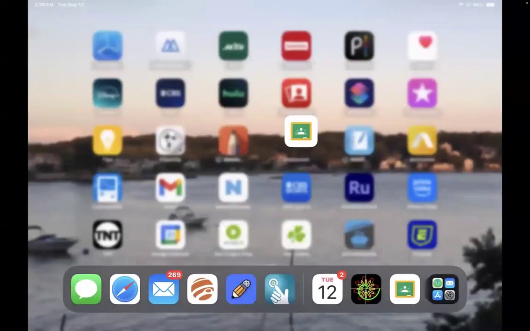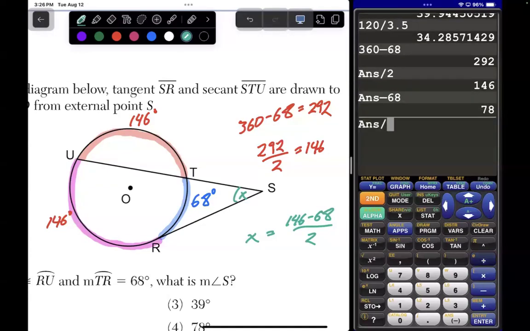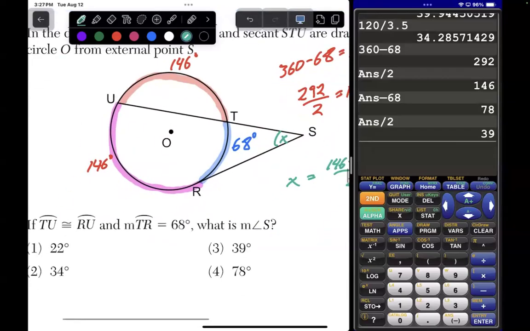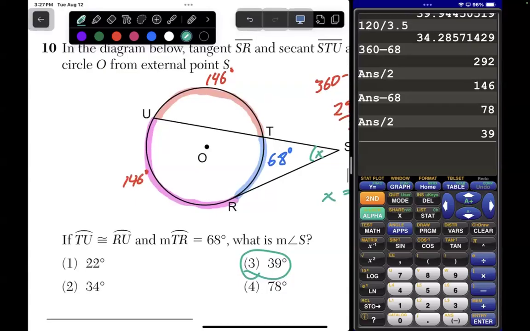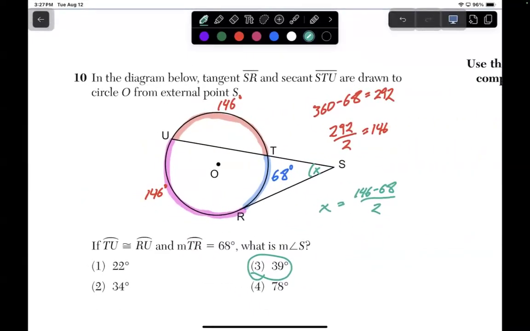Plug that into your calculator. 146 minus 68 equals 78, divided by 2, 39. No questions? All right, I'll keep on cooking then.